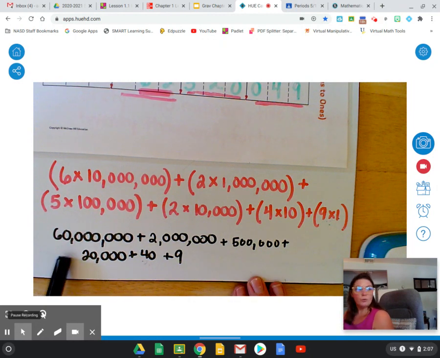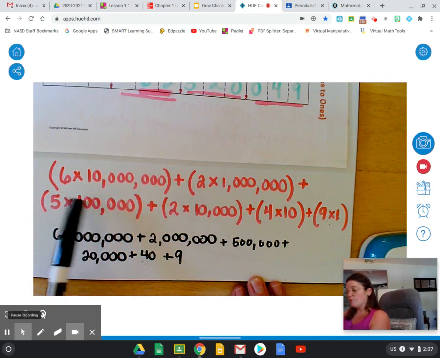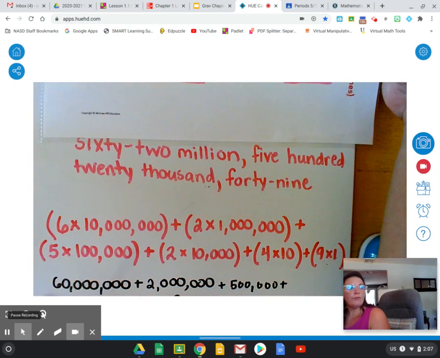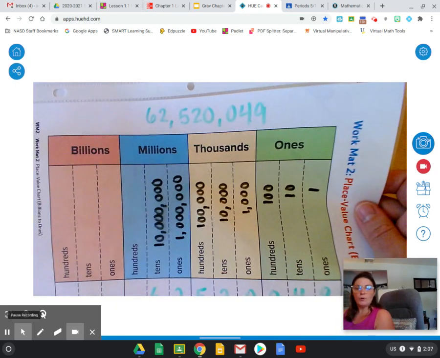So this is how you would have done it last year, but this is how we're going to use expanded form in 5th grade. Okay, so there we have our word form, our expanded form from our number in standard form.